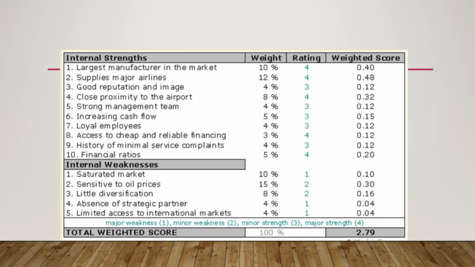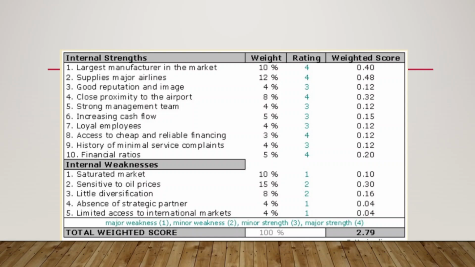Kasi if the total weighted scores are below 2.5, ibig sabihin, weak yung business natin internally in terms of IFE. Pero score significantly above 2.5 indicate a strong internal position. So, if higher than 2.5 yung total weighted score natin, then higher yung possibility or chances that we attain superior performance in the industry with respect to our rivals.